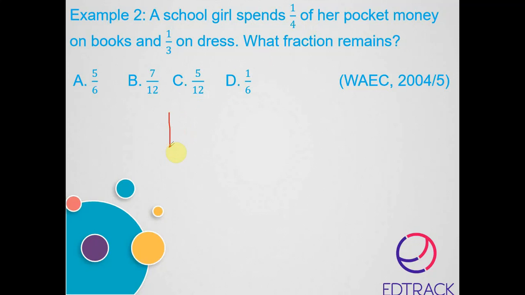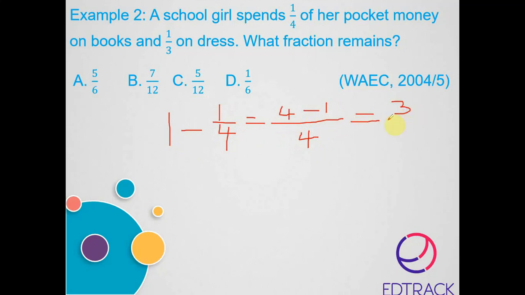The first thing to take out from this 1 is the 1 over 4 that is spent. The LCM is 4, so that will be 4 minus 1, which gives 3 over 4.